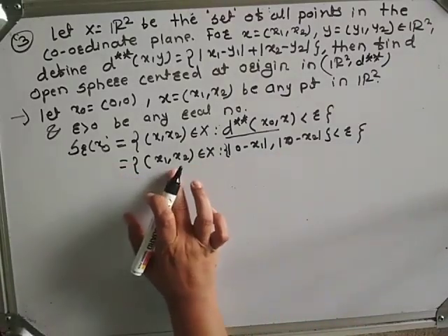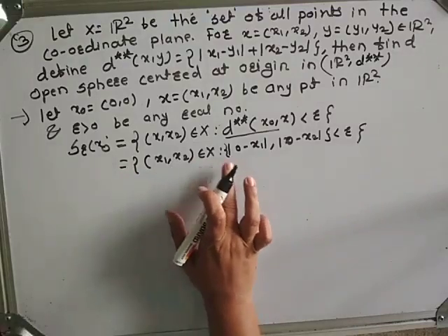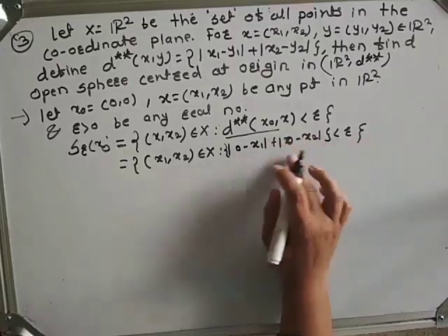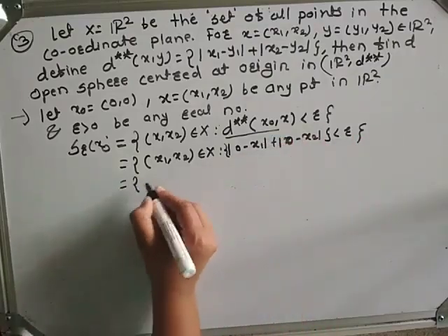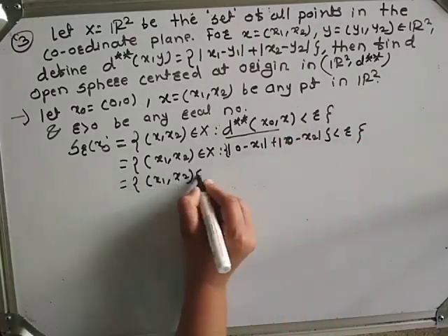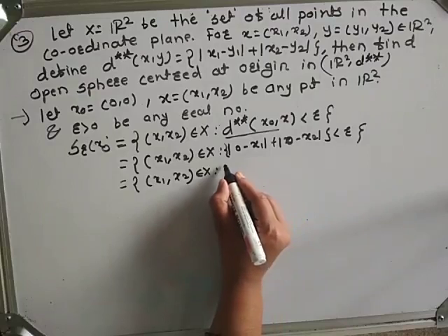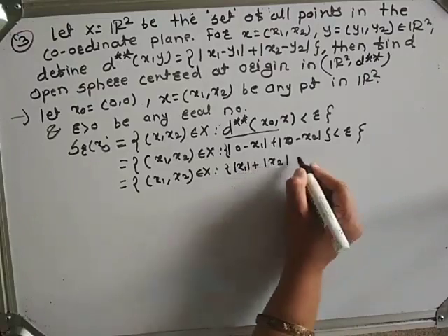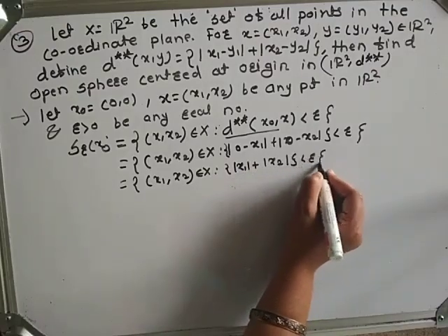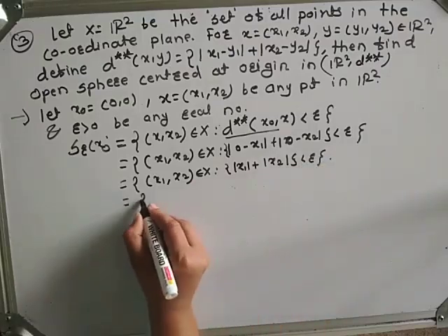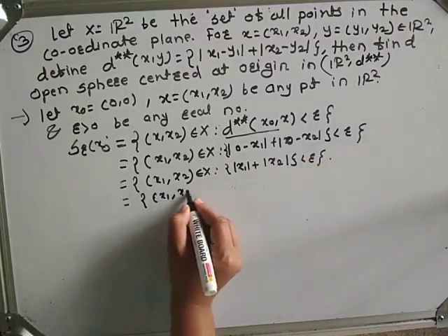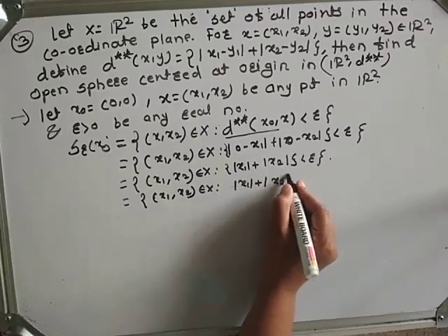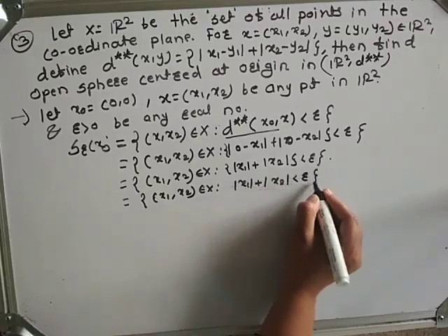which is equal to the set of all ordered pairs x1, x2 belonging to capital X such that mod 0 minus x1 plus mod 0 minus x2, which is equal to the set of all ordered pairs x1, x2 belonging to X such that mod x1 plus mod x2 is strictly less than r.